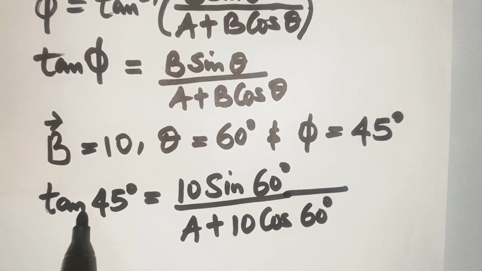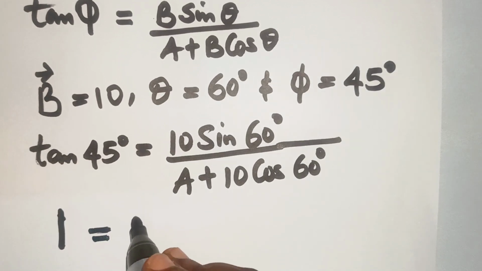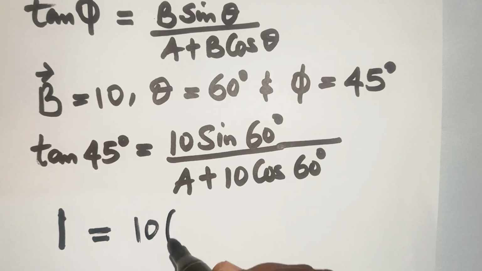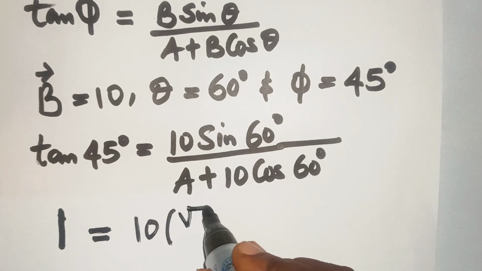Tan 45 degrees is equal to 1. So we write 1 on the left hand side. Then on the right hand side we have 10 into sine 60, which is root 3 over 2.